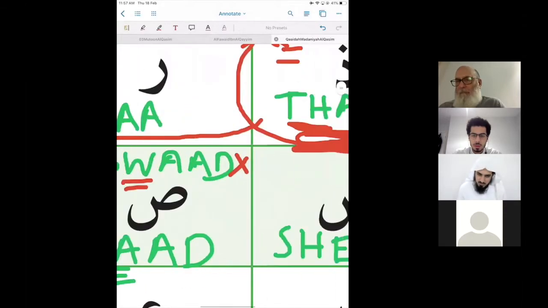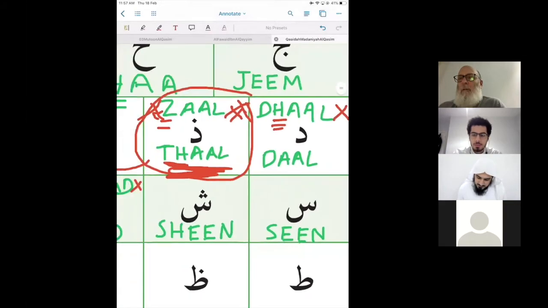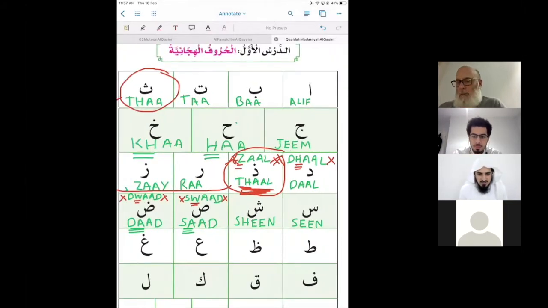Okay, going through the whole line again. Seen, Sheen, Saad, Daad. Brother Dawood, read. Seen. Sheen. Saad. Daad. Excellent. Again. Seen.